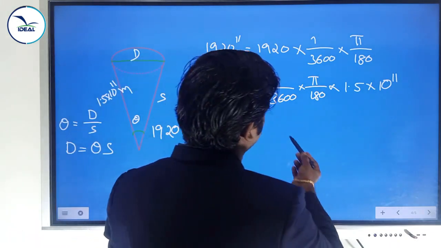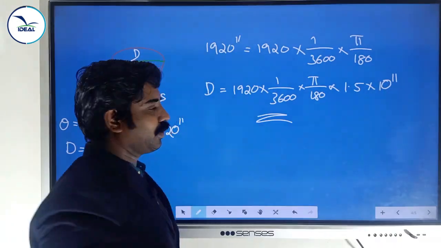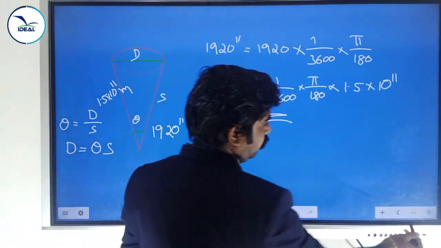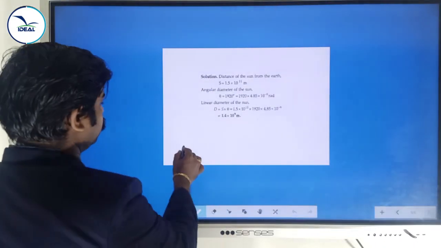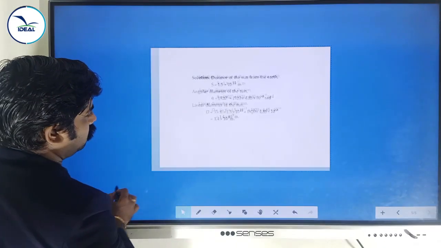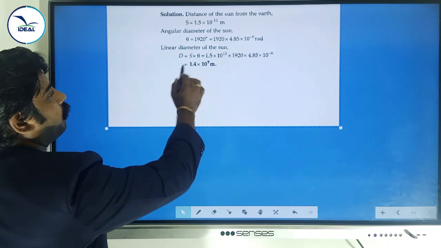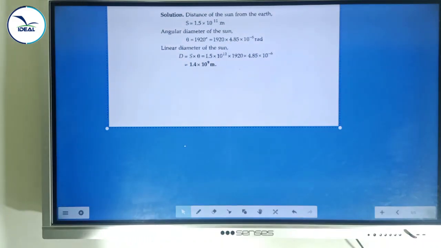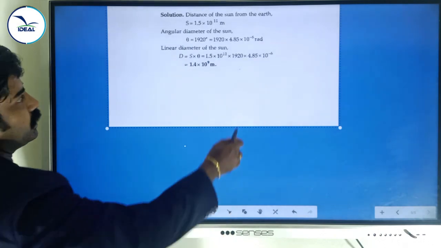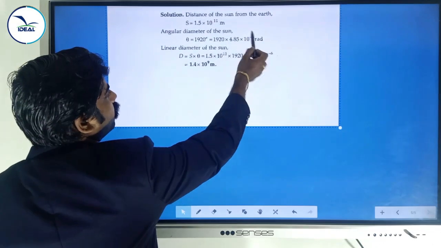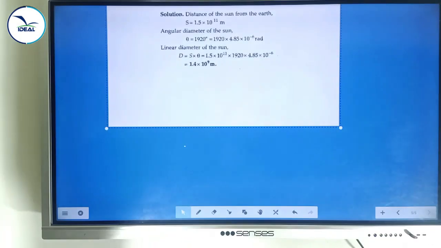So this is the answer. You can calculate it. The exact value for this is 1.4 into 10 raised to 9 meter. Here the conversions are multiplied with the complete exact value.